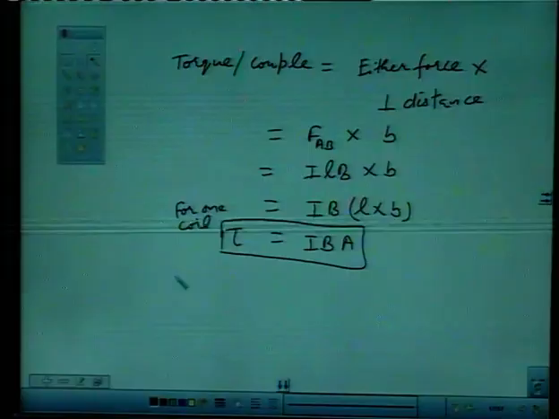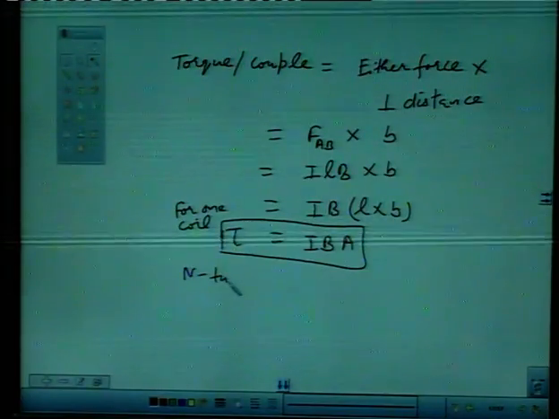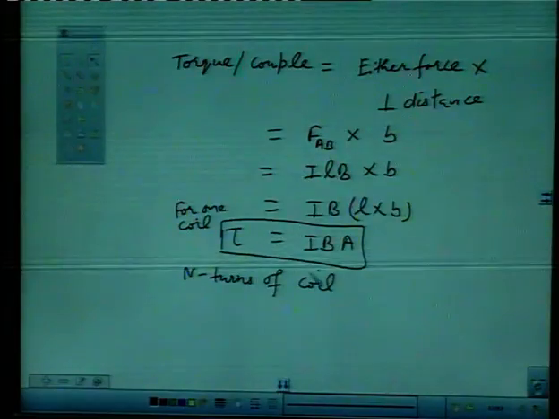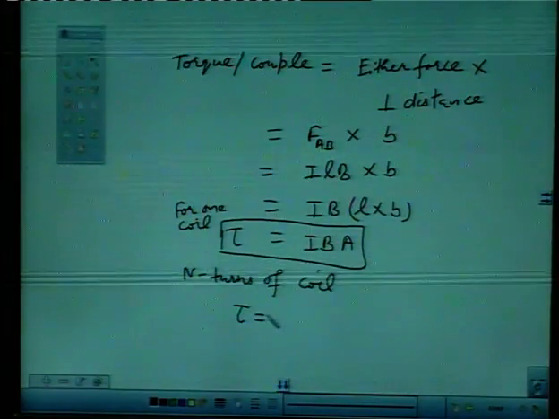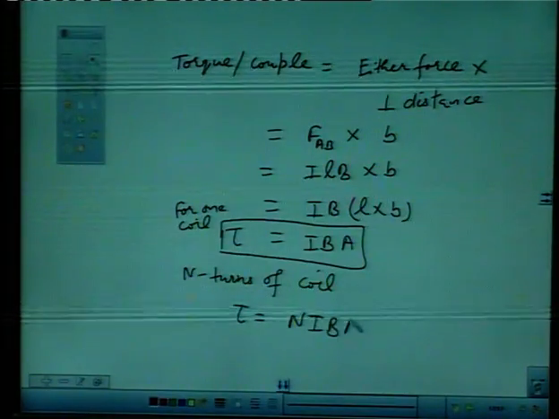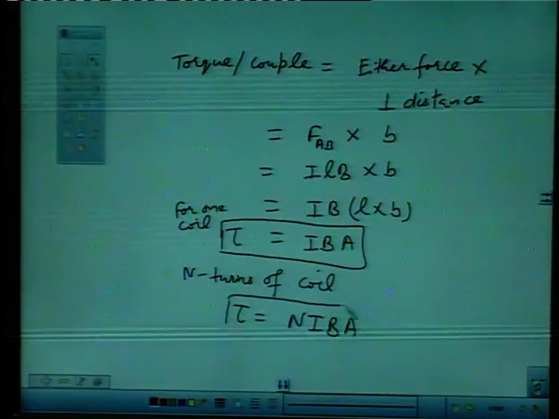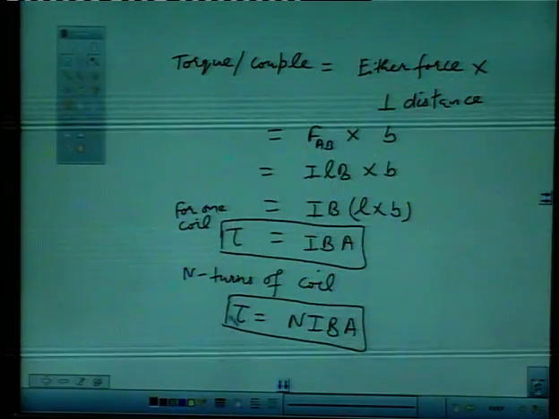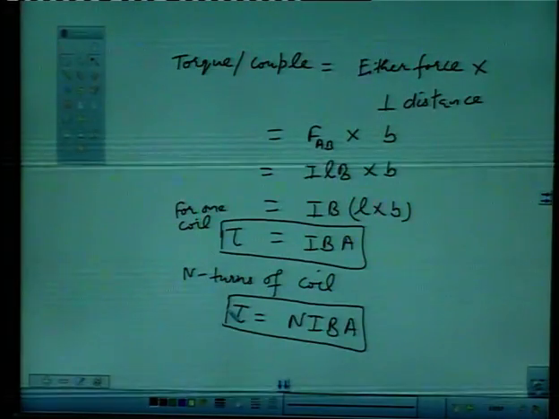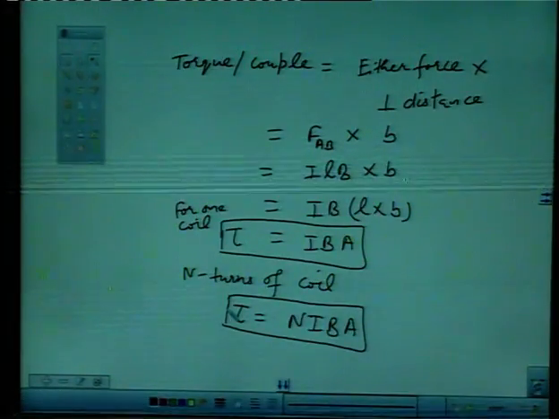If we have n number of turns, in that case we multiply it by n, so we have n I B A. So this is the torque acting on the rectangular coil placed inside the magnetic field.